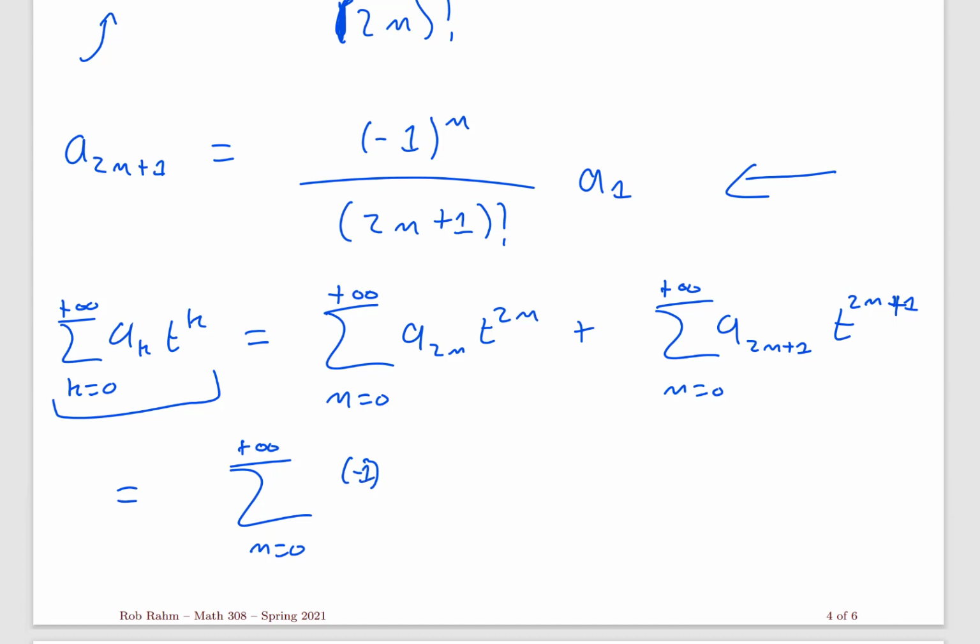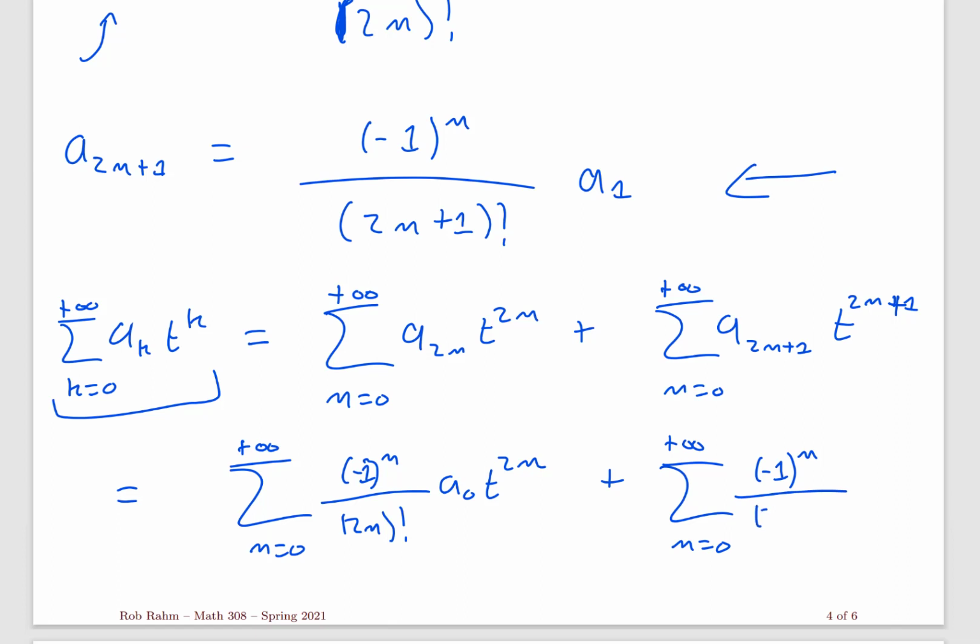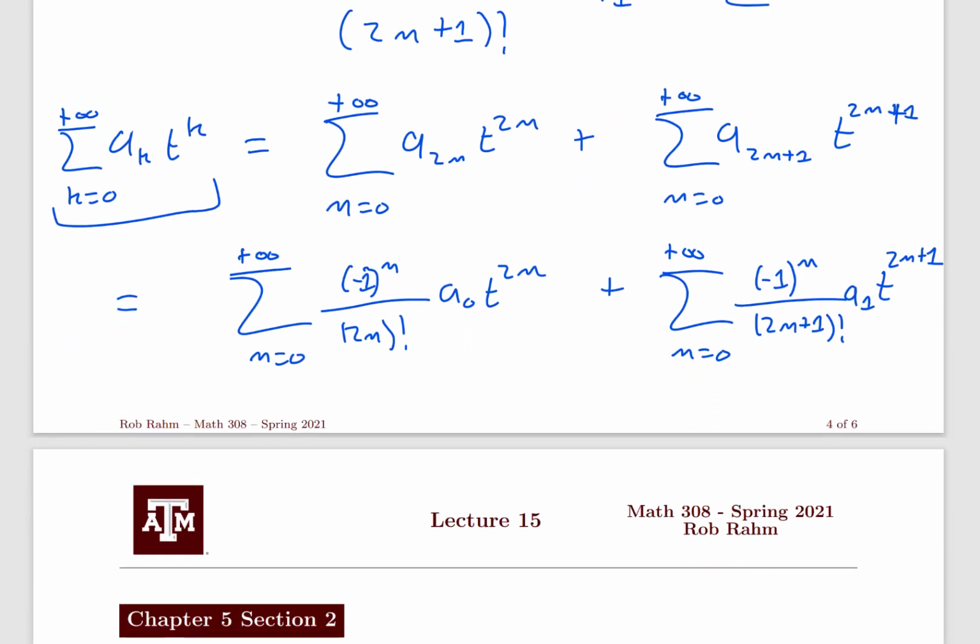This is minus 1 to the power of n divided by 2n factorial a0 t to the 2n, plus the sum n equals 0 to positive infinity, a2n plus 1 is minus 1 to the power of n over 2n plus 1 factorial a1 t to the power of 2n plus 1. Okay, but notice that a0 and a1 are just constants as far as the summation variable is concerned. So I can rewrite it like this.